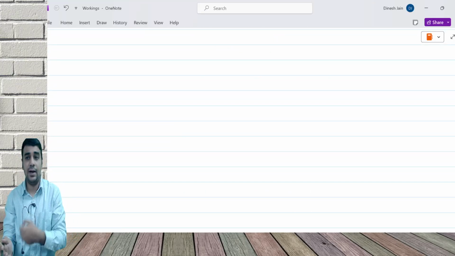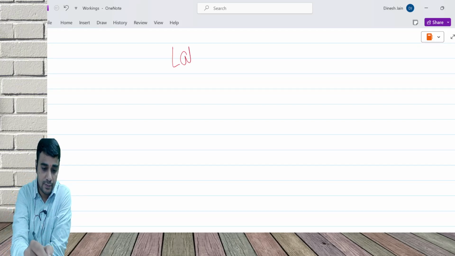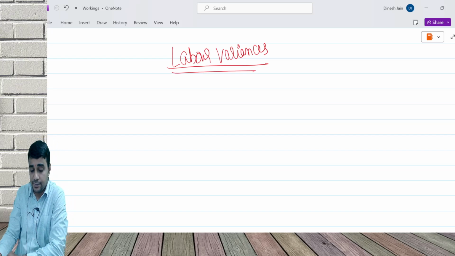Okay. Now I move to the next part, which is on labor variances. So in your theory note, labor variances. When we did material variances, we had two categories of question: single material, multiple material.